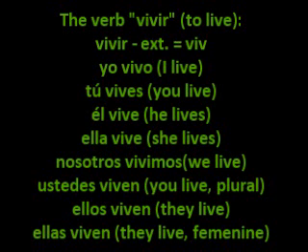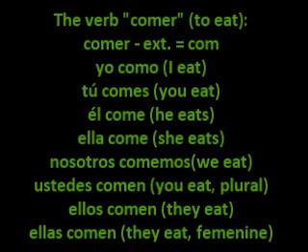The verb vivir becomes yo vivo, tú vives, él vive, ella vive, nosotros vivimos, ustedes viven, ellos viven, ellas viven. And the verb comer becomes yo como, tú comes, él come, ella come, nosotros comemos, ustedes comen, ellos comen, ellas comen.